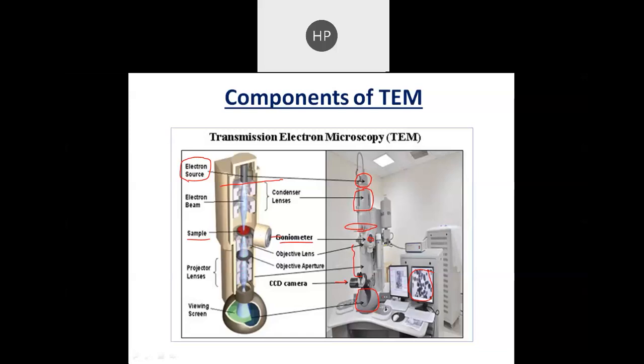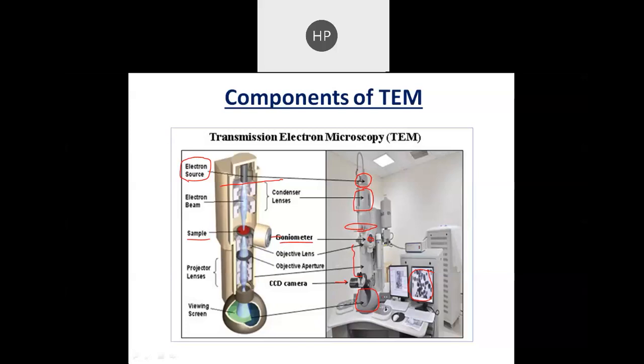In that one we have the electron source at the top, the same thing. The condenser lens is here, also the same, but here we have an objective lens in the center, and then at the bottom we have a sample. In that sample chamber we fix all the electron detectors, like the backscatter electron detector, X-ray detector, and secondary electron detector.